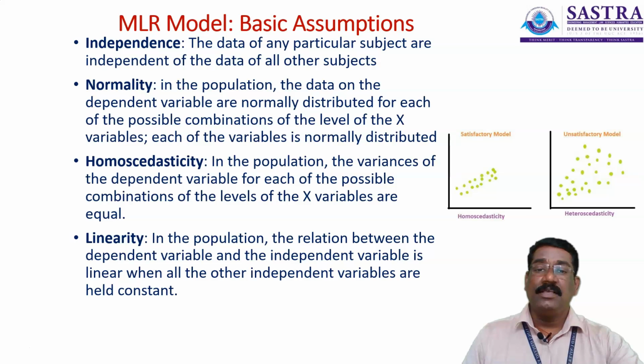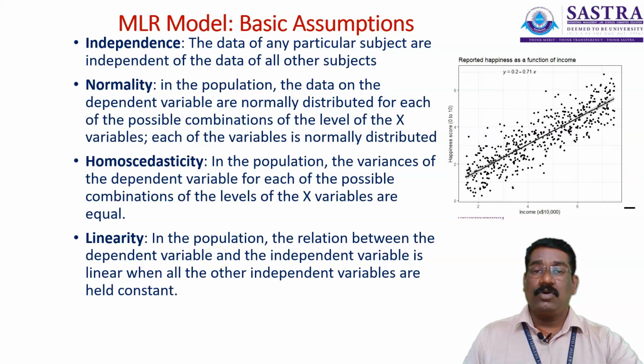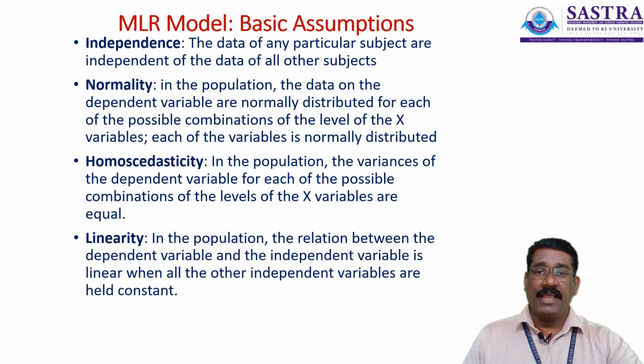I mean that in the population, the relation between the dependent variable and the independent variable is linear when all other independent variables are held constant. So when we are trying to use a multiple linear regression model, the data has to abide by these basic assumptions. We need to check on that.